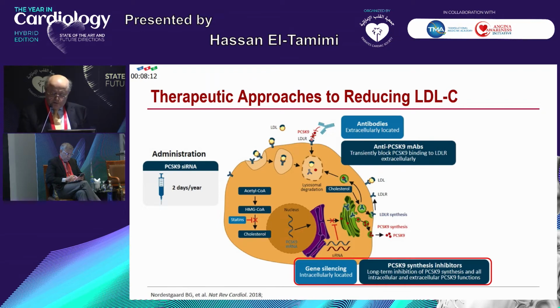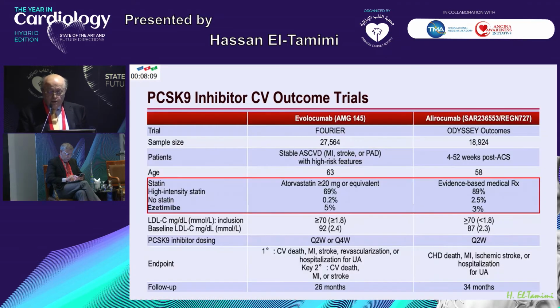So I think these 2 interventions have really pushed the envelope. Did it make a difference? Well, these are the 2 major outcome trials, Fourier and Odyssey, as you know. These patients were fully treated. The majority were on high-intensity statin. Some of them are on ezetimibe.